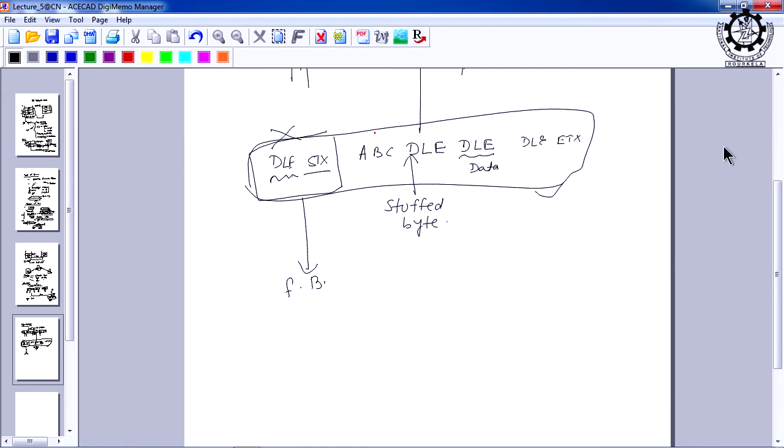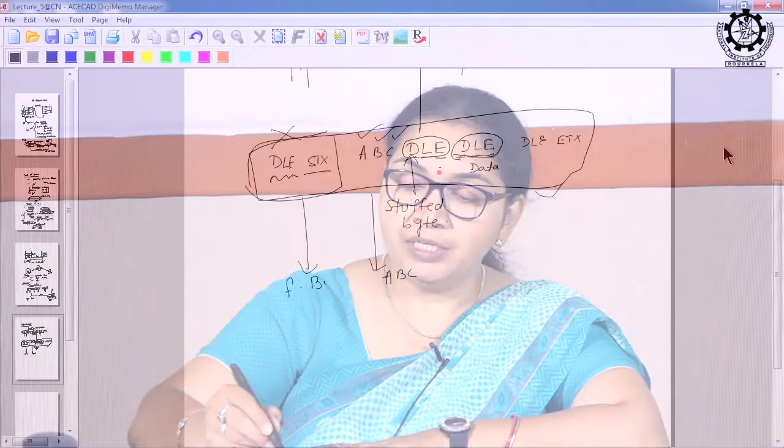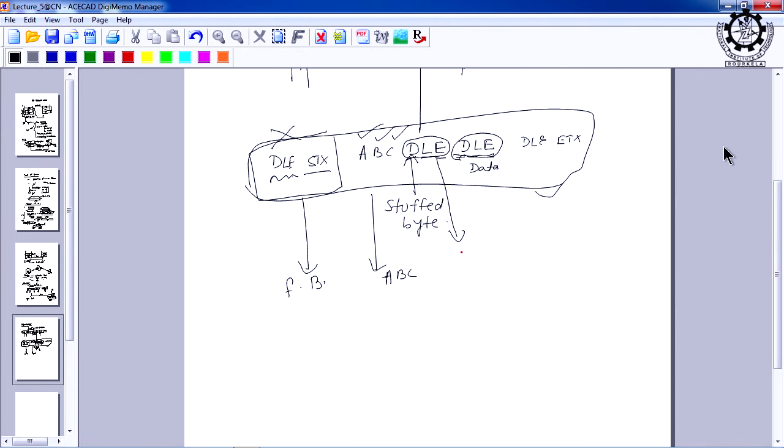Then the next characters, A followed by B followed by C, are interpreted as A, B, C. Then there is a DLE, and this DLE is again followed by another DLE. Whenever there are two consecutive DLEs in the received frame, it de-stuffs the first DLE.